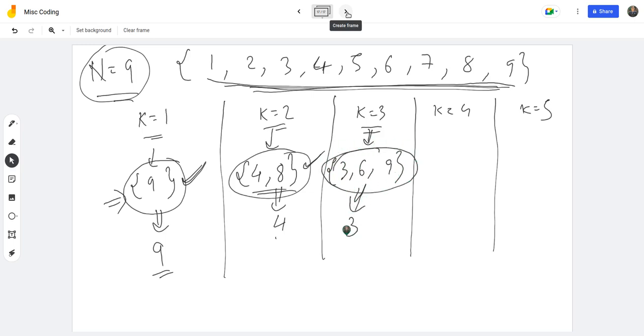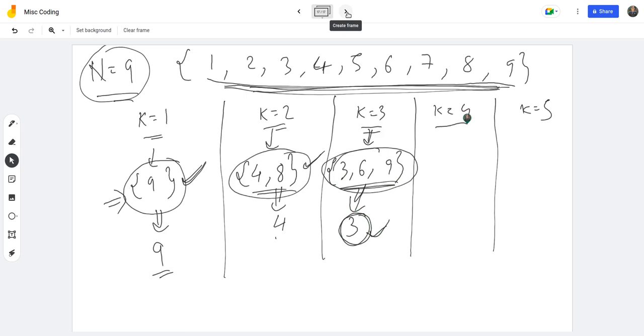And you can again try multiple combinations, that is, you can try creating multiple subsets of size 3 out of this original set, and you will find out that the GCD of those 3 numbers, out of all of the subsets that you have created, will be less than or equal to 3. So this is the maximum GCD that you can obtain for the subset of size 3, and hence this is the answer, 3, 6, 9.